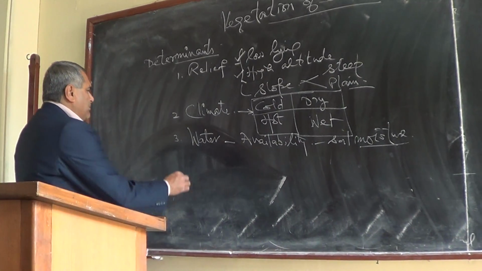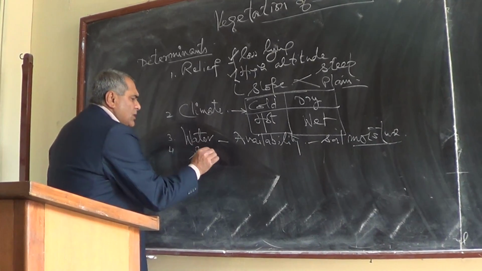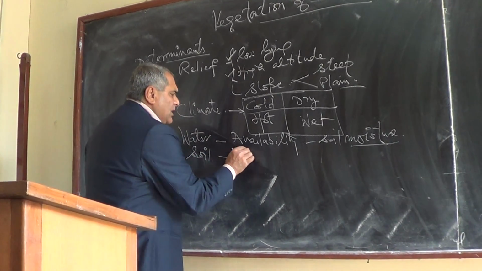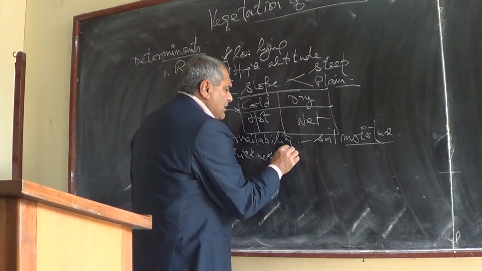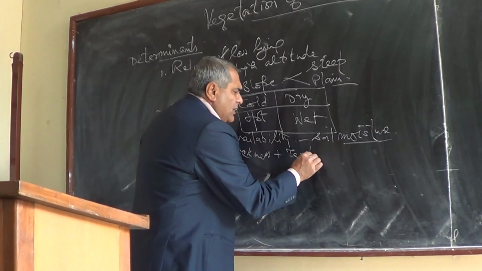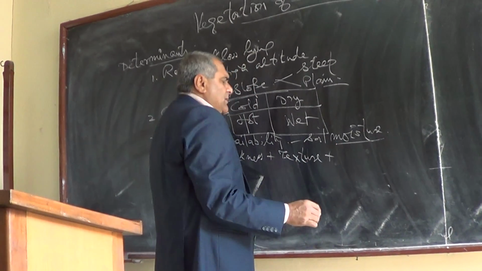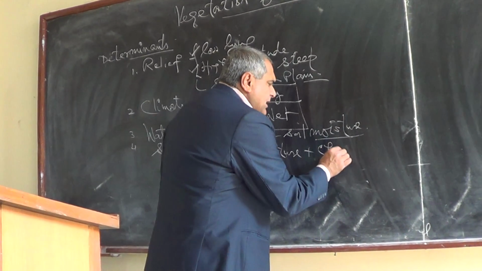And apart from that, the fourth is the soil, the thickness of the soil, plus physical properties of the soil, you can say texture of the soil. Apart from that is chemical properties.